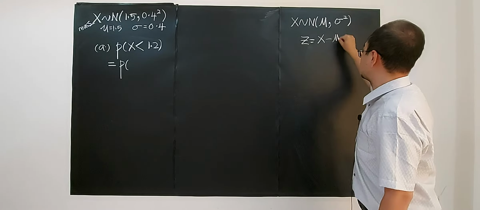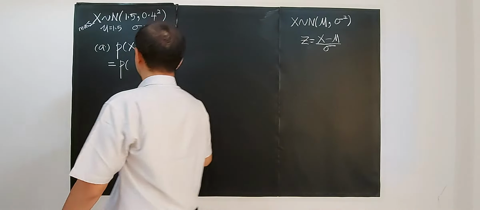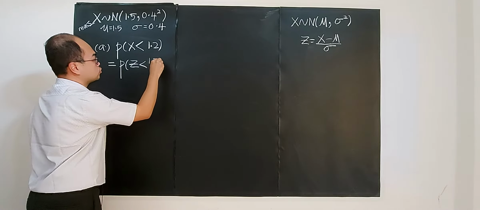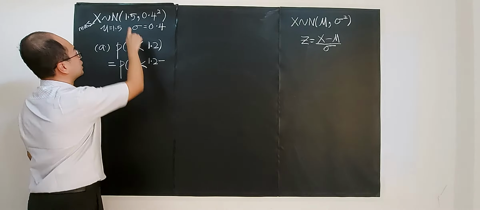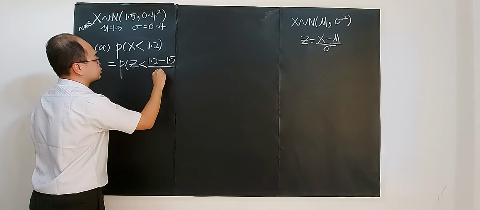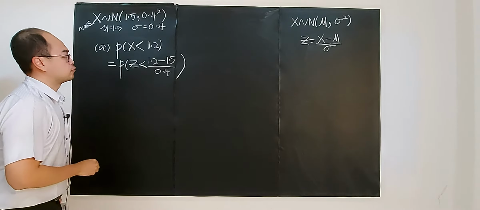The formula is x minus the mean, divided by the standard deviation. So this becomes Z less than 1.2 minus the mean, 1.5, divided by the standard deviation, 0.4.